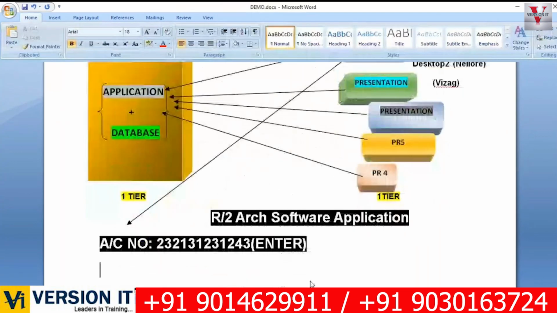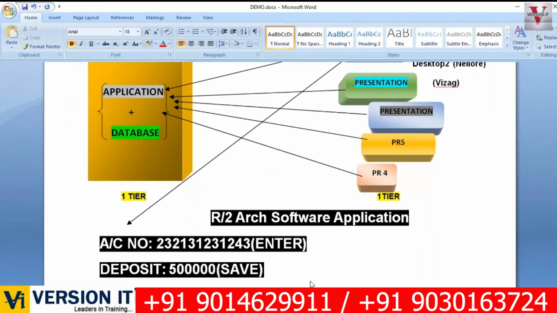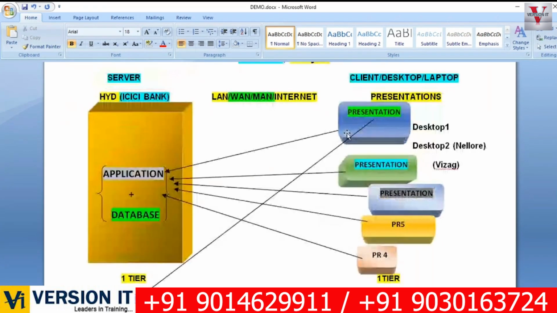What is that tab? She will count your money, right? And she will be having a deposit tab wherein she enters 500,000, and then she will be hitting save.